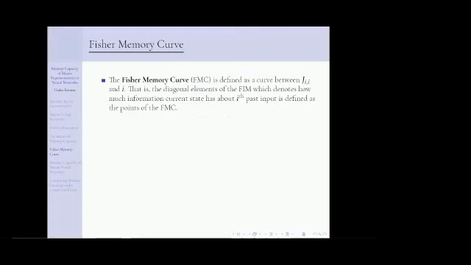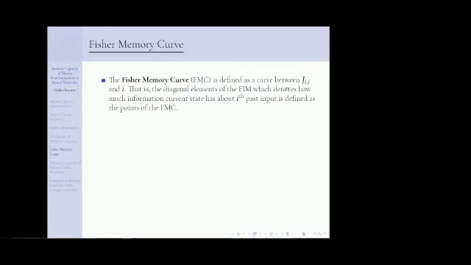So if FMC is defined in this way, as the diagonal elements of the Fisher information matrix, then a Fisher memory curve is a curve between the diagonal elements and the diagonal index. So the x-axis would be your i, and the y-axis would be Jii, the element stored in that slot of the Fisher information matrix.